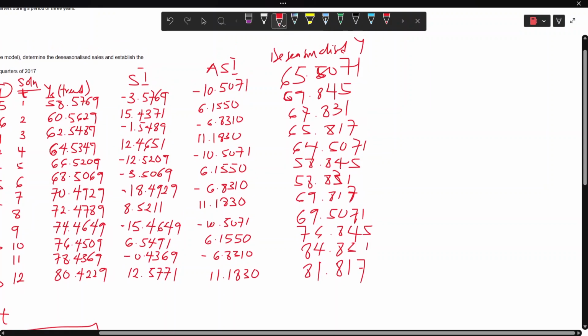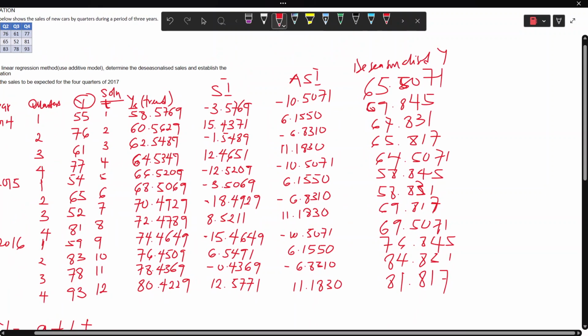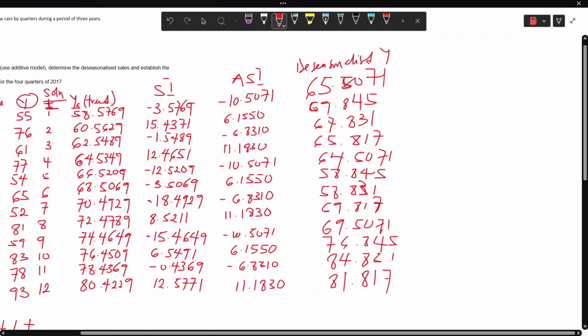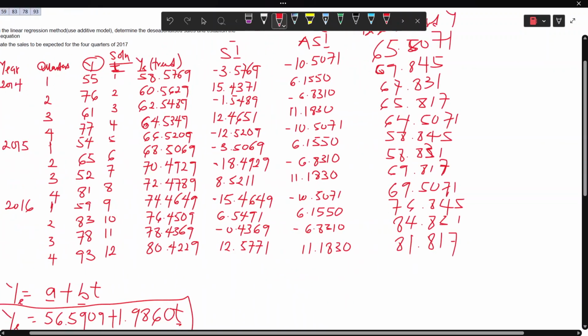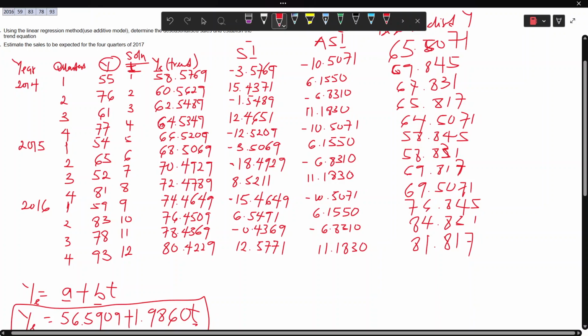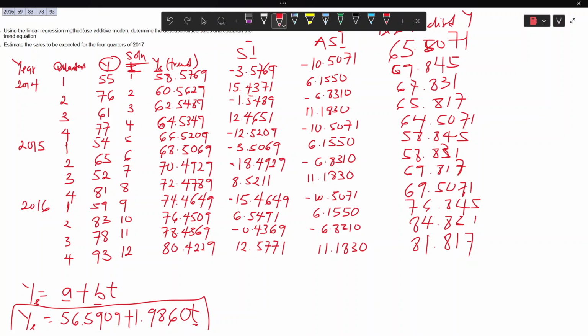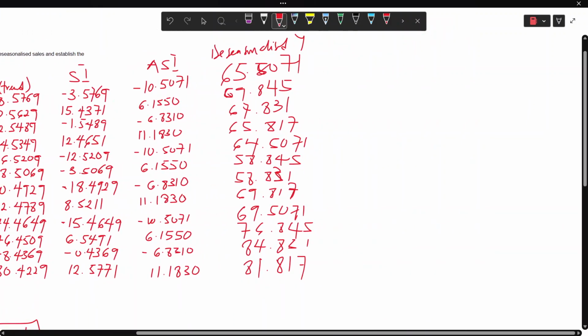regression equation based on the deseasonalized values we found and the column T. So now let's find a new regression equation based on this deseasonalized value.